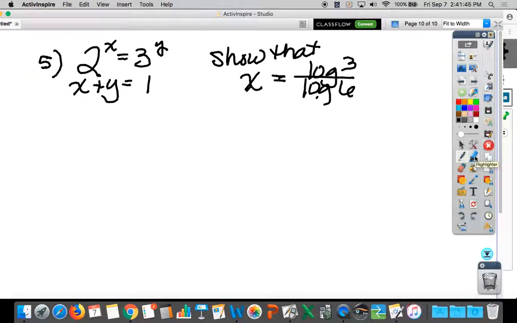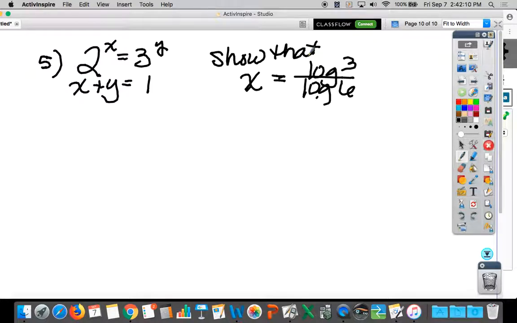So, which one of these two would I start with? Can't work it as elimination, is that what you said? Mm-mm. But you could work it as substitution.